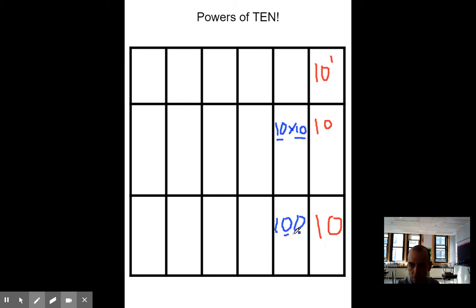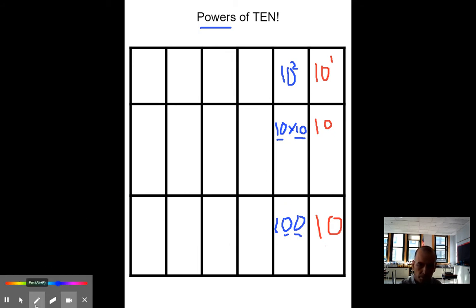There's also two zeros. So 100 is 10 times 10. It has two tens in it, or two zeros. So the lazy mathematicians would call that 10 to the second power. Exponents are also called powers, powers of 10. So I want you to copy that. I want you to copy 10 to the second, 10 times 10, 100.